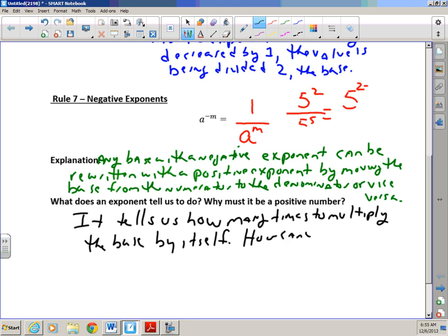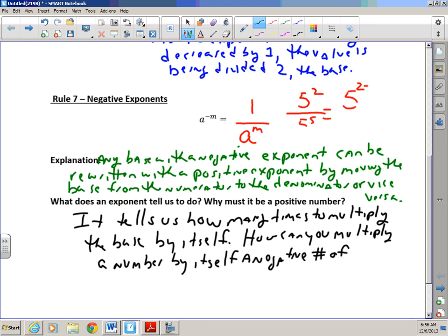How can you multiply a number by itself a negative number of times? The answer is you can't, which is why this has to be converted.